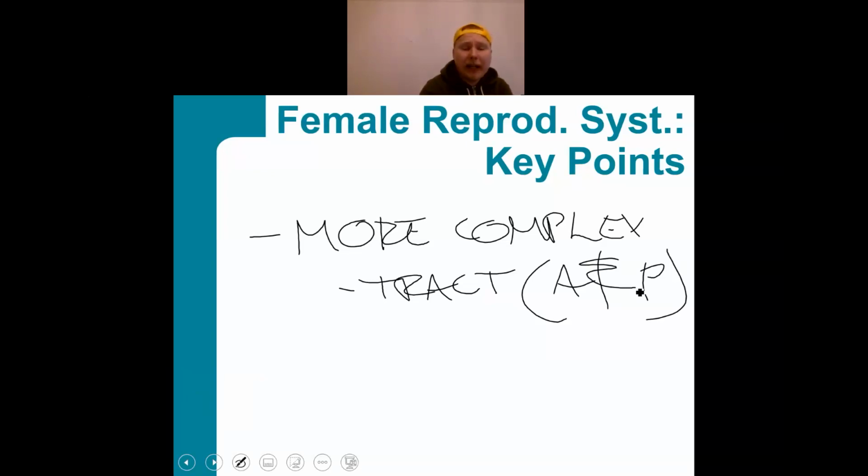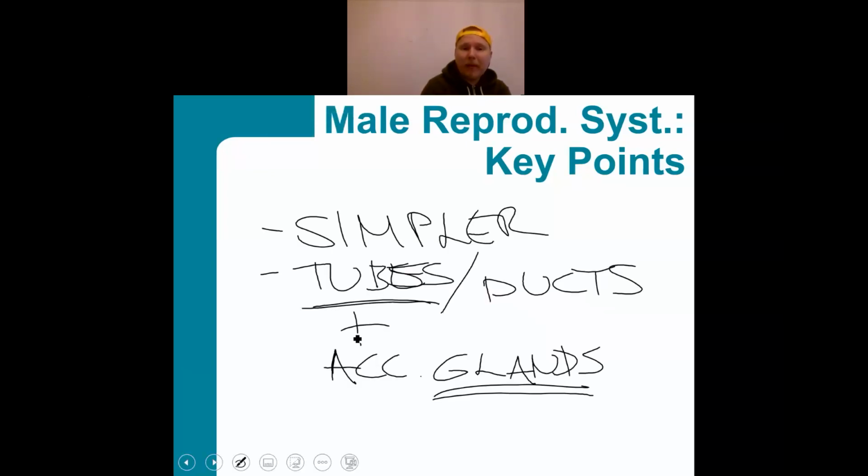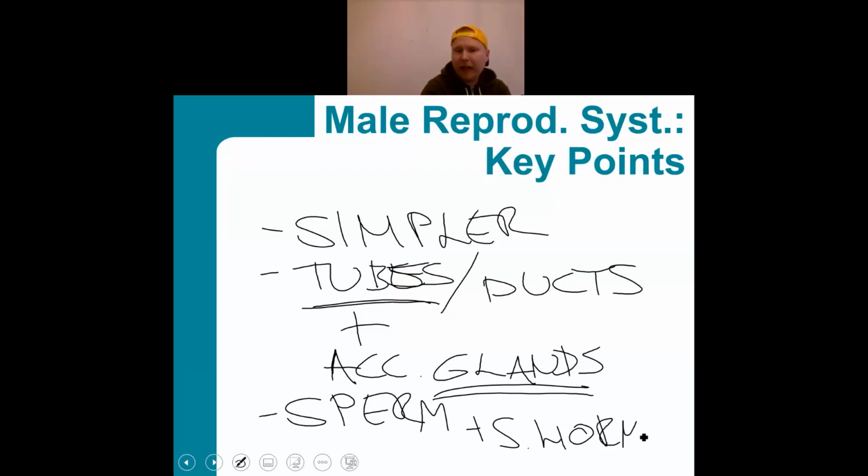Then we also have to remember that the female reproductive system, unlike the male reproductive system, where it was all about just producing the sperm, also involves the sex hormones. And we've covered pretty much the sex hormones earlier on.